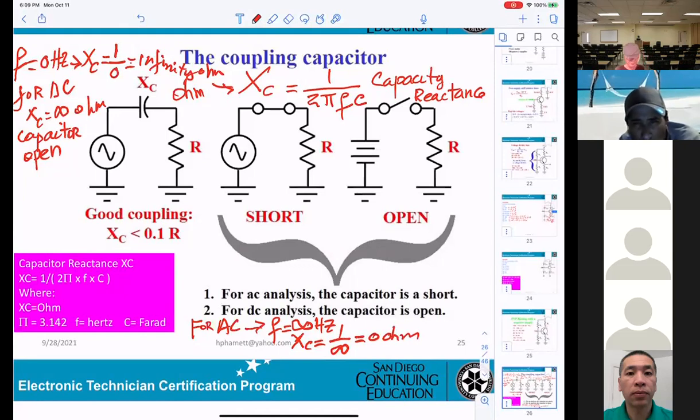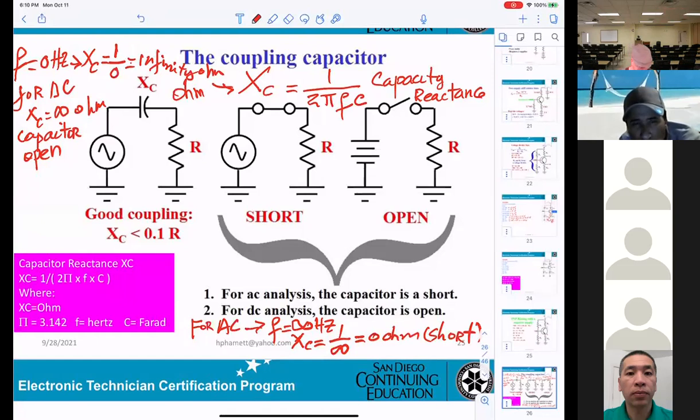That's just math. You get 0 ohms. That tells you 0 ohms means it's shorted. So what we need to come up with: the capacitor for DC will be open. However, for the AC, it's just like a wire; it's shorted. That is very important.